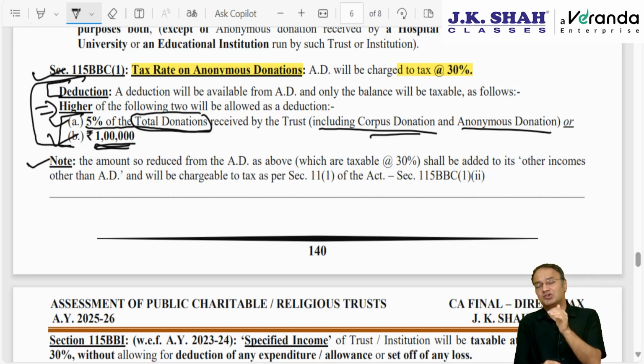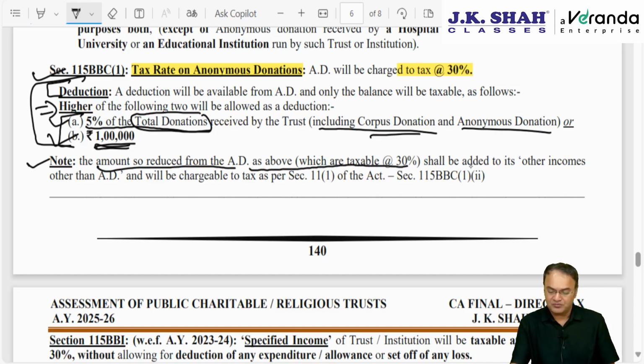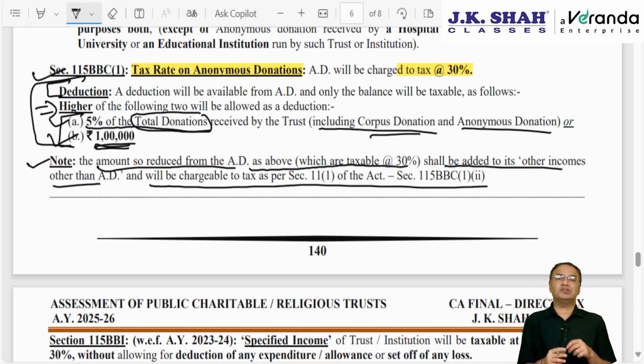It will be merged with or added to the other incomes and will be subjected to the 15%, 85% procedure. The amount so reduced from anonymous donation taxable at 30% as above will be added to the other income other than anonymous donation and will be chargeable to tax as per section 11 subsection 1 in a normal way, and when we say as per 11(1), that means 15%, 85%. This is 115BBC.